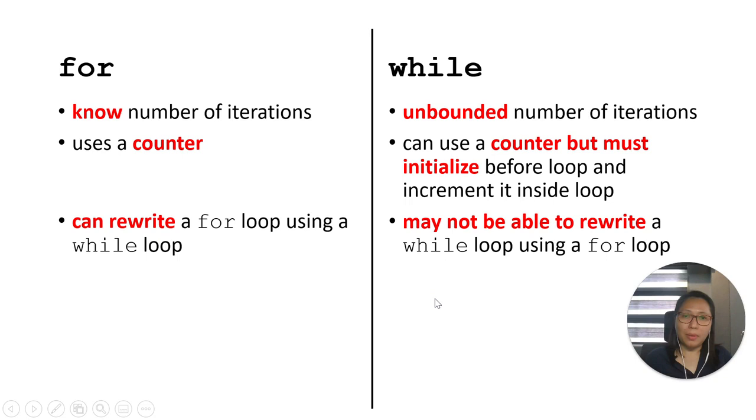But we cannot really decide that one is best over the other. That's why they have their strengths and their weaknesses. The important thing is we know when it is better to use for over while, and when is while better than for.